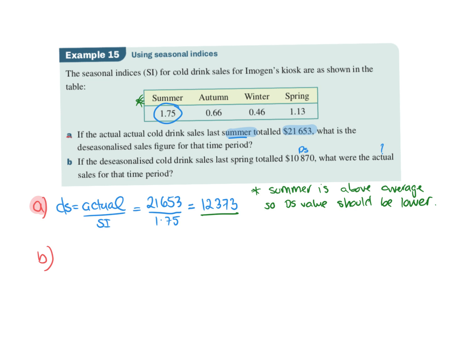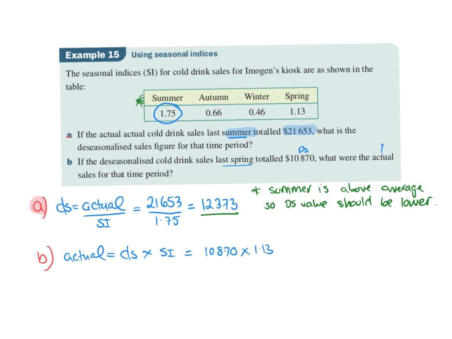So we would use that reseasonalizing formula. Where we said actual equals the deseasonalized value times the seasonal index, I often write seasonal index as just SI as well, so I don't have to keep writing it out. They told me the deseasonalized value, and spring's seasonal index was 1.13.